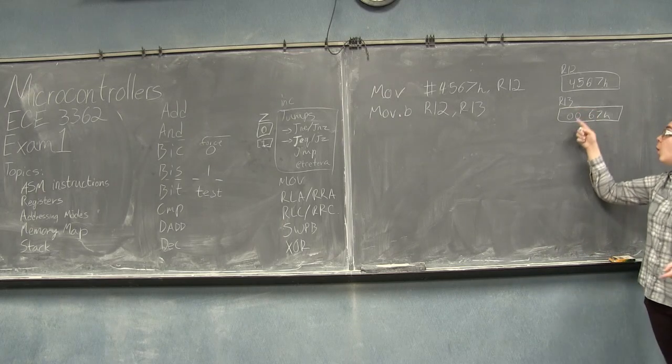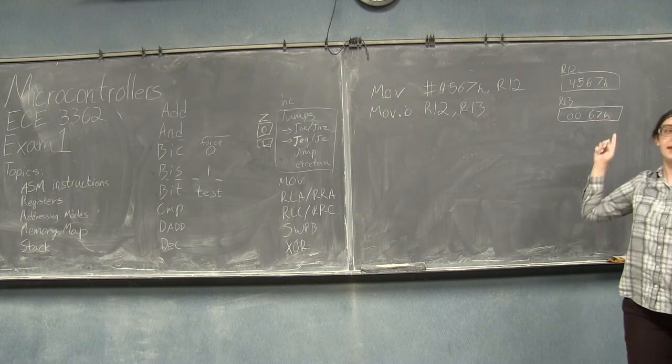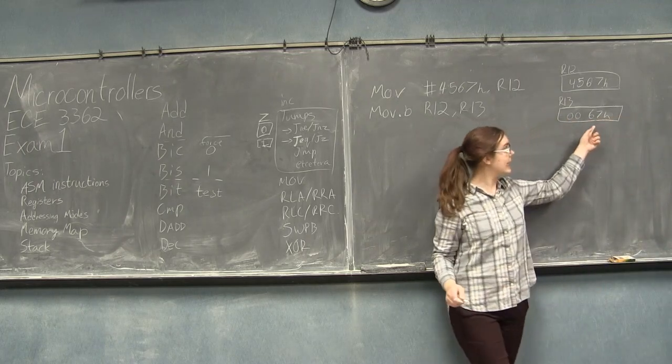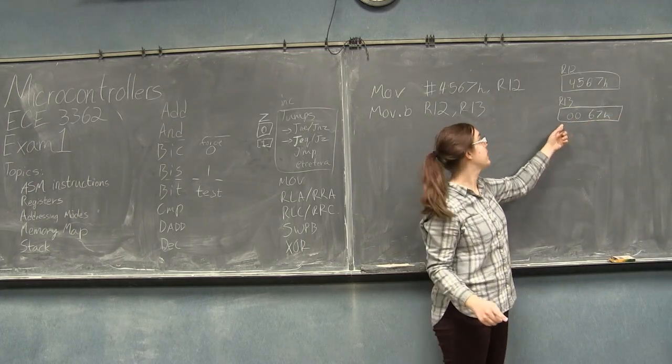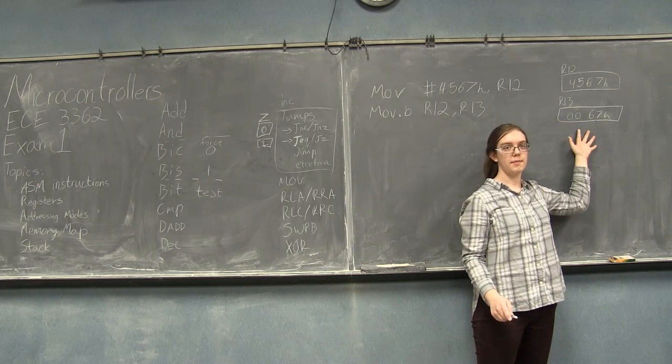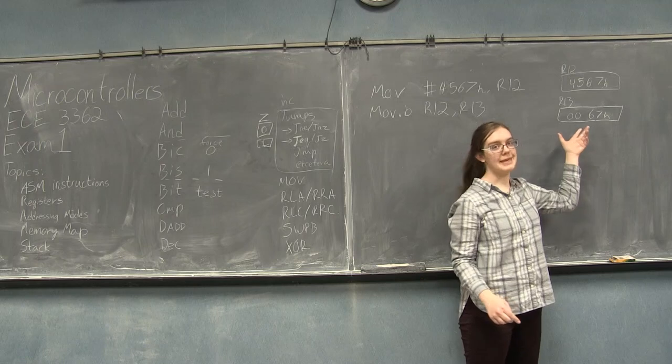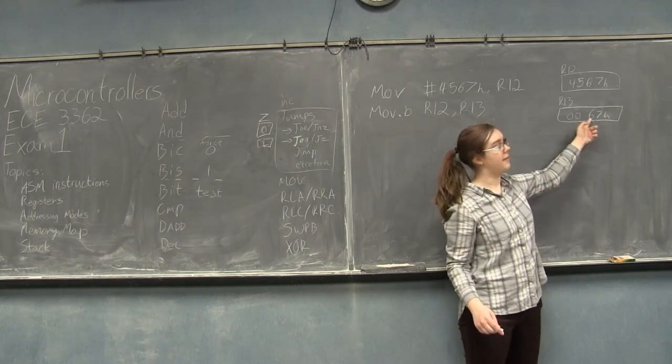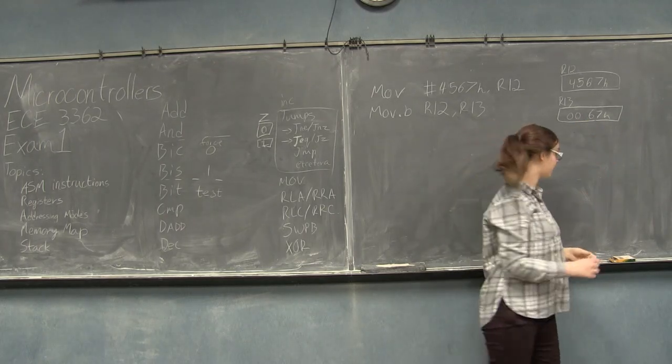So it wouldn't copy the whole word, it would just copy the least significant byte, and the rest would be 0. So even if R13 had something in it instead, like say ABCD, it would now have 6, 7 in it. That makes sense.